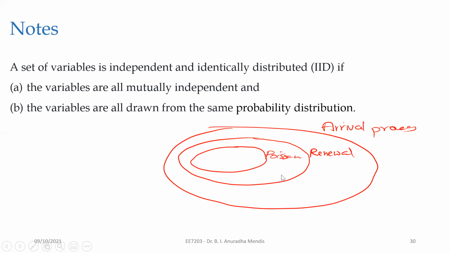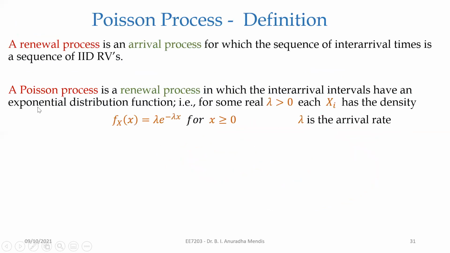That means the interarrival times should follow the same distribution. It can be Poisson, it can be exponential, whatever the distribution. But if that interarrival time distribution is exponential, then we call that process a Poisson process.